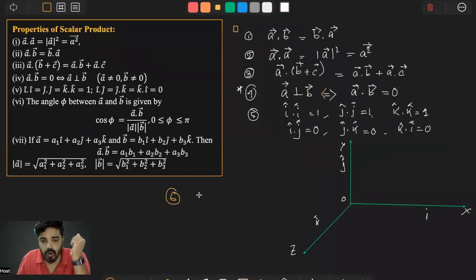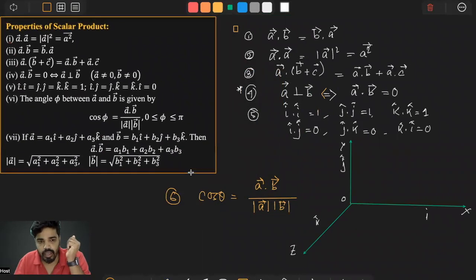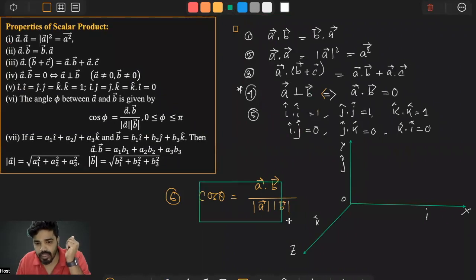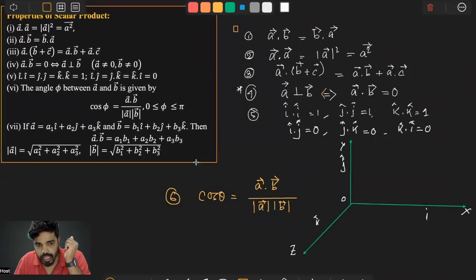Okay. So we know that cos theta will be a dot b divided by modulus a modulus b. Suppose theta is the angle between a and b, then cos theta is equal to a dot b divided by modulus of a into modulus of b.